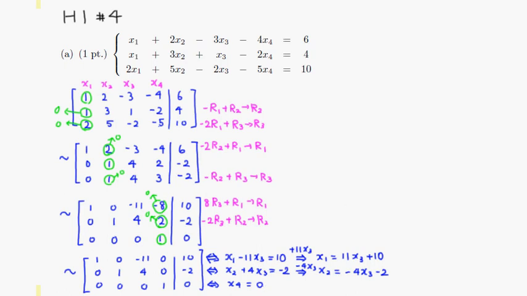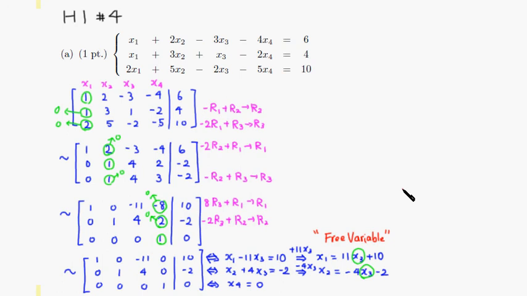So that's why x3 is called the free variable, which means that x3 could be any real number you choose.